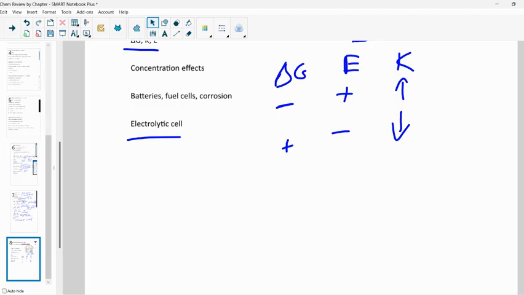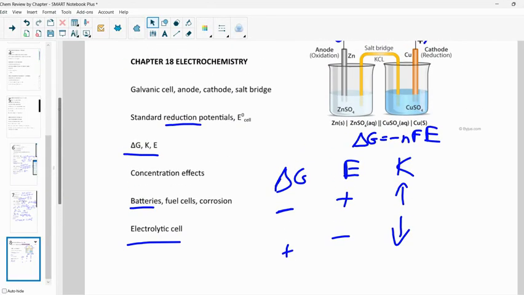Questions on the batteries? First off, concentration effects. So here, this is assuming I have 1 molar, 1 molar.